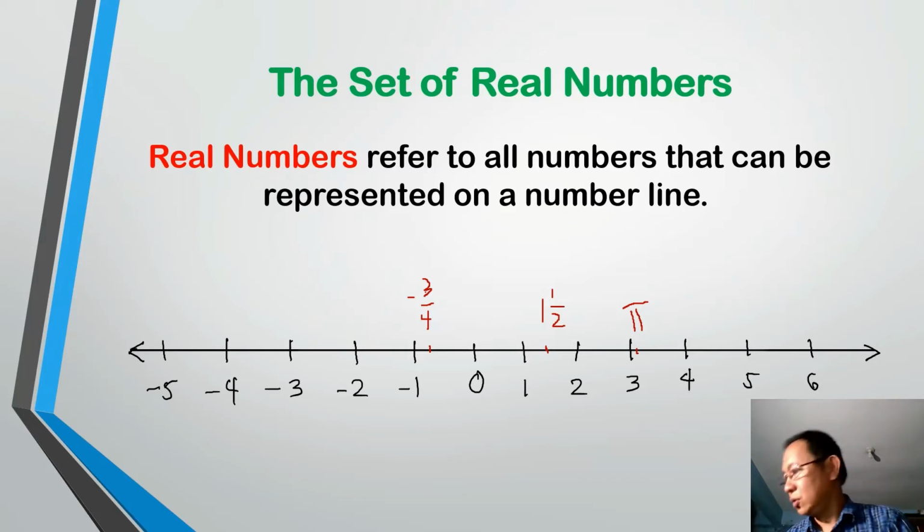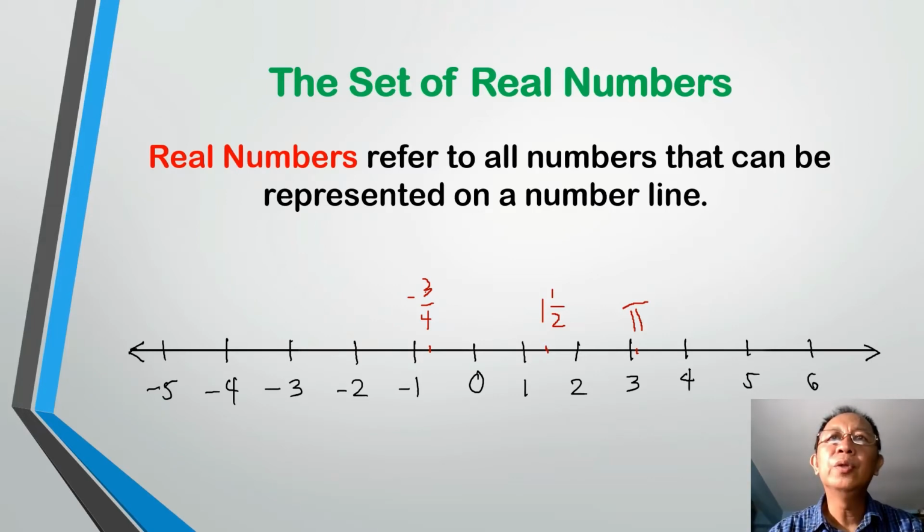So the square root of 3. Let's see, square root of 3. Let's use a calculator to find the value of square root of 3. 1.73. So 1.7.